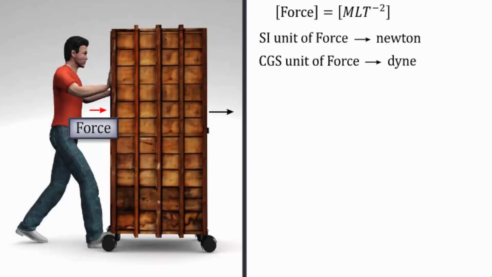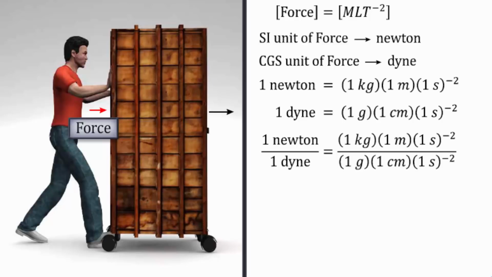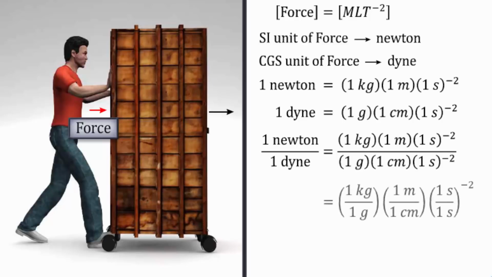Hence, 1 Newton is equal to 1 kilogram into 1 meter into 1 second power minus 2. Similarly, 1 dyne is equal to 1 gram into 1 centimeter into 1 second power minus 2. Now, we divide 1 Newton by 1 dyne and find the ratio as shown. Thus, 10 power 5 is the conversion factor to convert Newton to dyne.